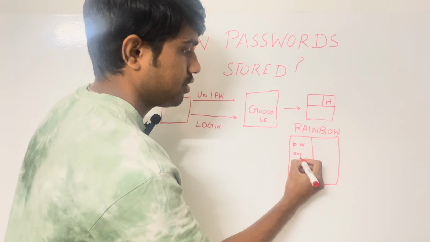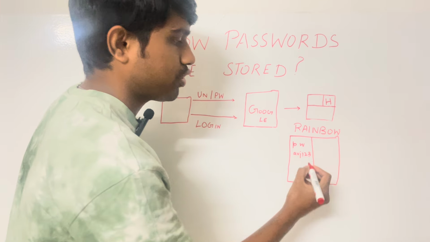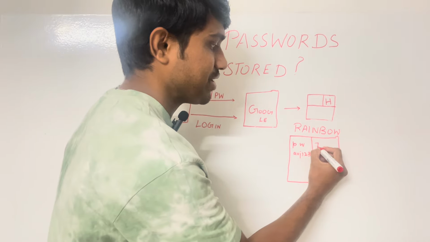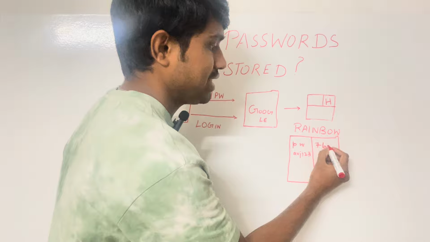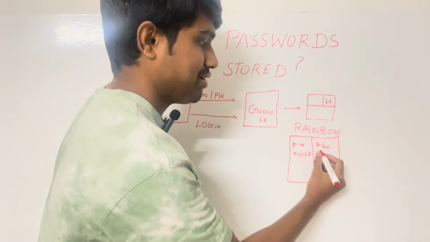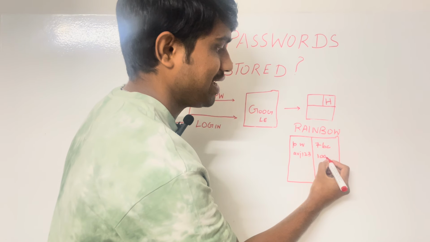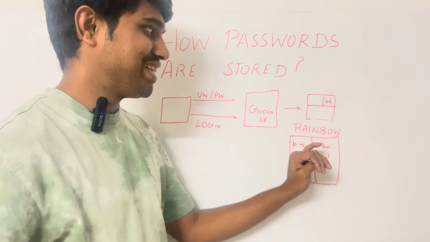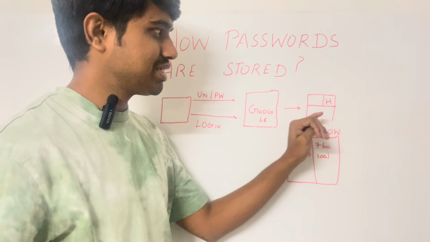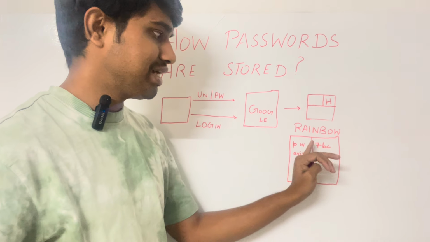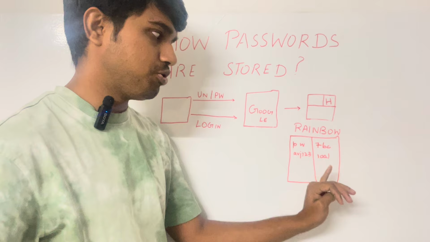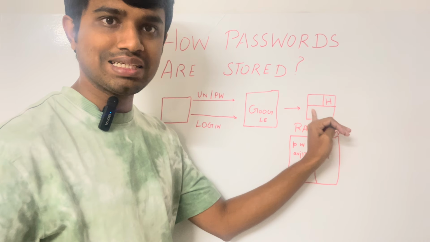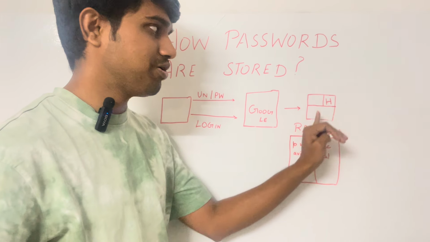Arjun123, 123. For these they pre-compute the hash, like 7BC. For this algorithm they will do the same, 10A exclamatory. They pre-compute this, and then when they compromise a database and have all the hashes, they give that as input to this rainbow table, and it will say if any hashes match, hey, this is the password of this user.